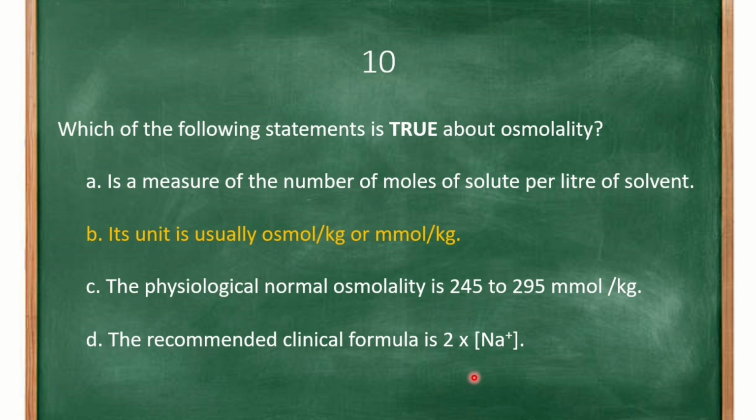Then D, the recommended clinical formula is 2 times the concentration of sodium. That's also not correct. The formula for osmolality usually will include glucose, urea, and then sodium. The formula is there if you want to check it on the internet. Okay.